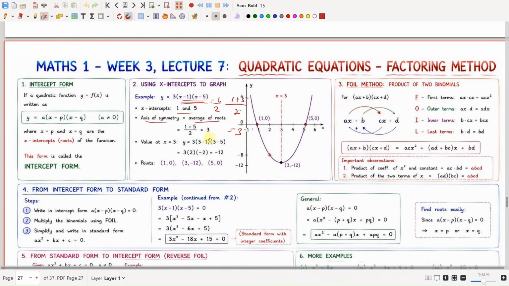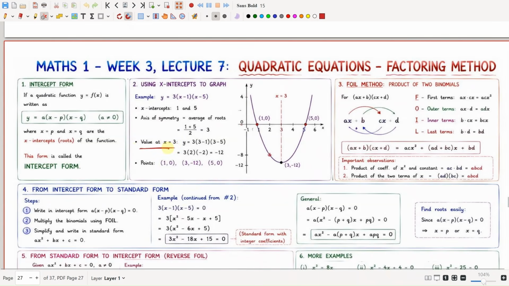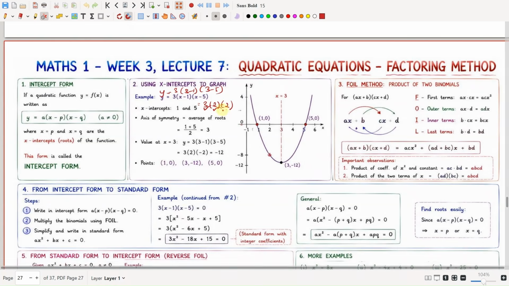The axis of symmetry is 3. At x is equal to 3, y will be 3 into 3 minus 1 into 3 minus 5, which is 3 into 2 into minus 2, which is 6 into minus 2, which is minus 12. So we got one point, which is 3 comma minus 12.